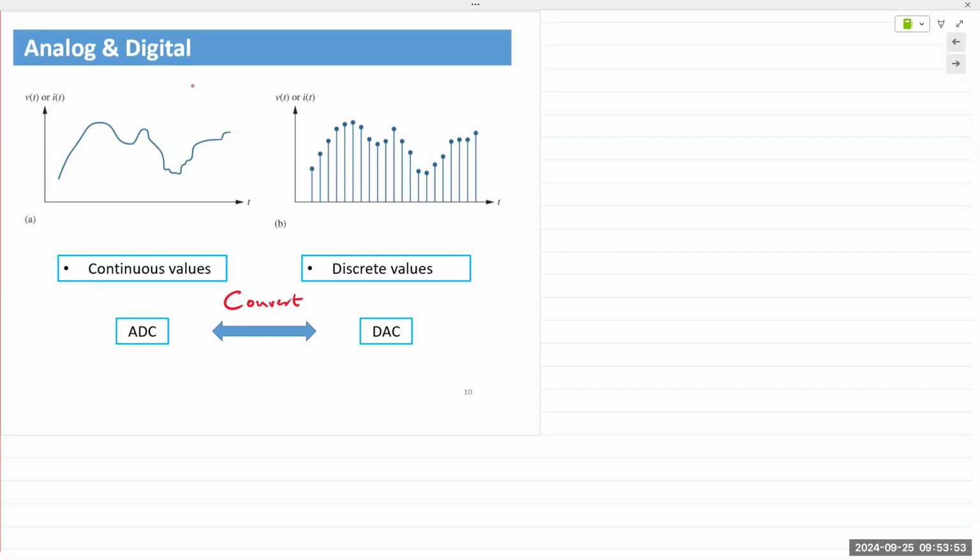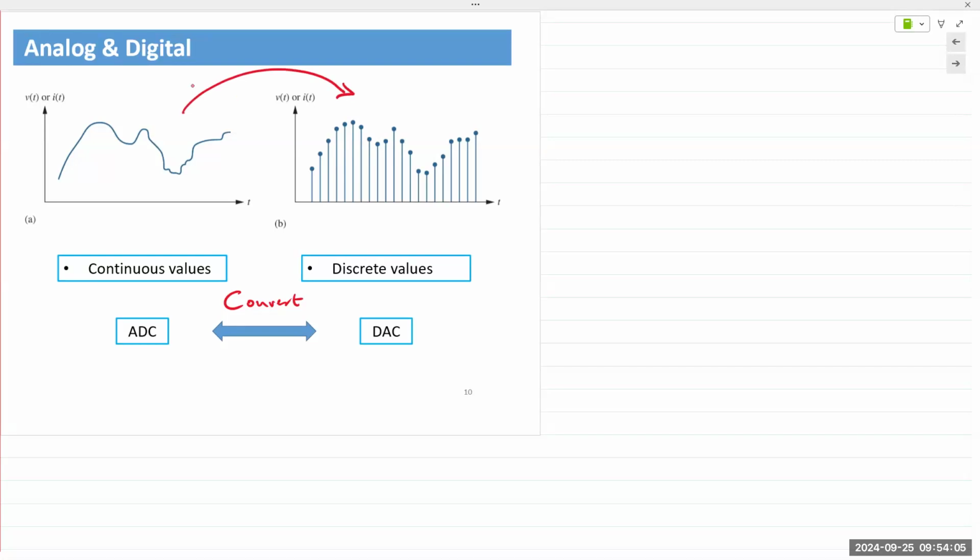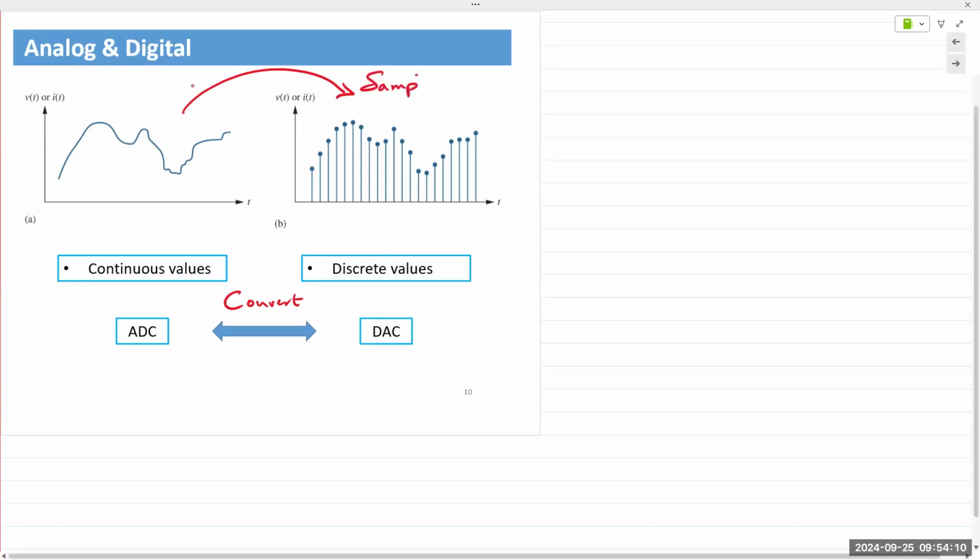Here you see a digital representation of this exact analog signal. What you're basically doing is sampling the signal at discrete points in time, separated in time, right? So you sample the signal, you take the value of the signal at one point in time, then at every regular interval you keep taking the values and you obtain an approximate representation of that analog signal.